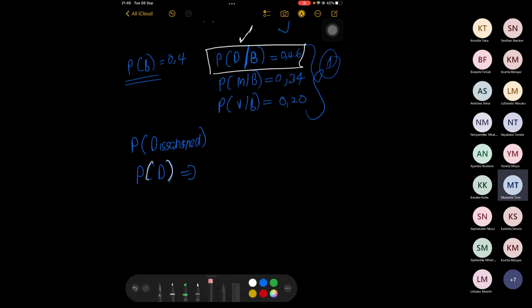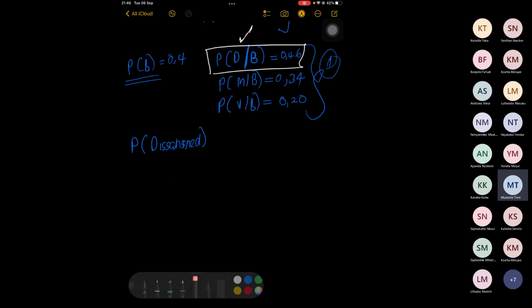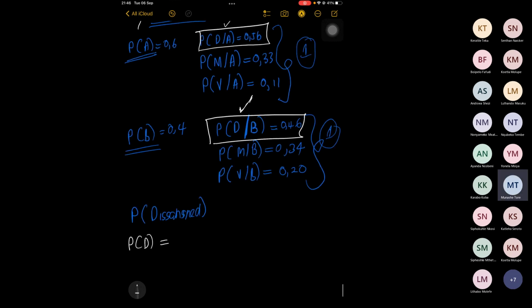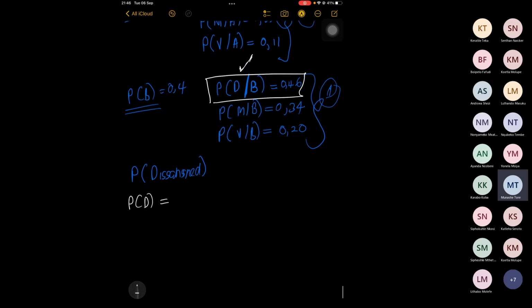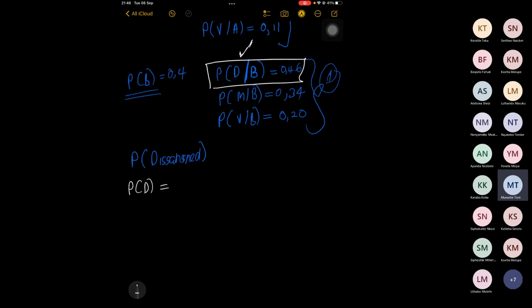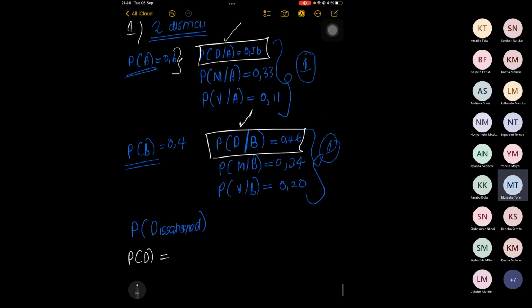This is how you do it. Let me remove this probability of D. So here it's going to be probability of D, equal to... How do you calculate probability of D? You have probability of D given A, which is 0.56, and you also have the probability of A. I'm explaining this in literal terms so that you can understand where this is coming from.